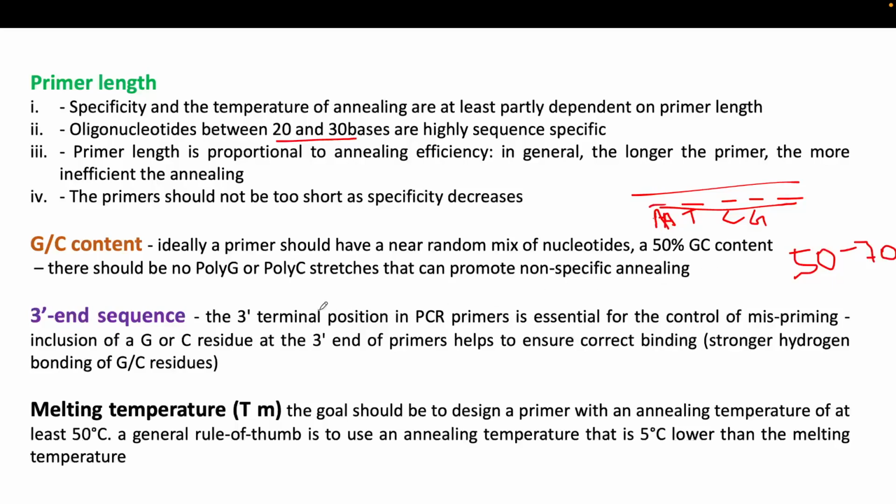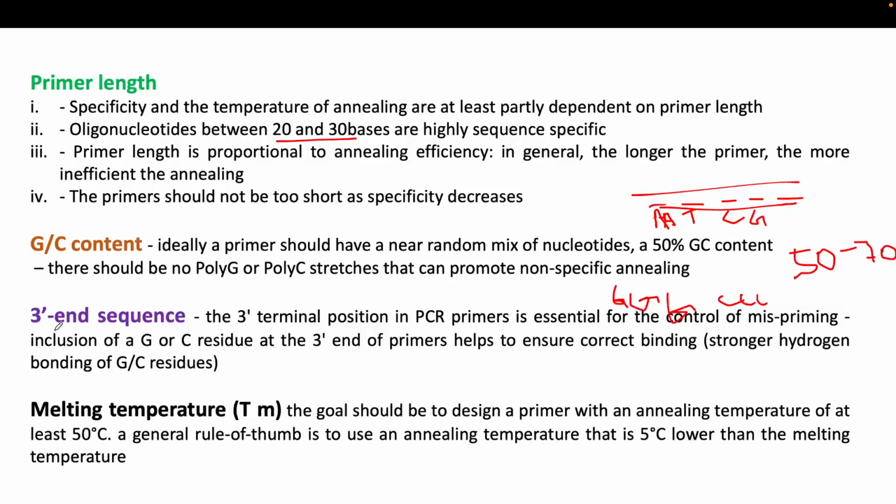So the GC content should be 50 to 70%, but at the same time it should not be like the sequence is G G G G G G or C C C, like that. There should not be any poly G and poly C stretches, so that it can promote the non-specific annealing. That you have to remember.